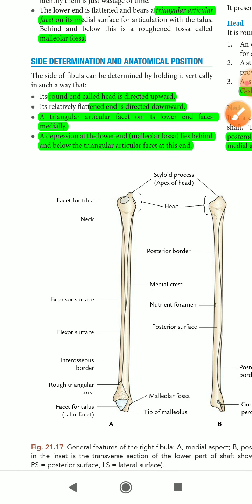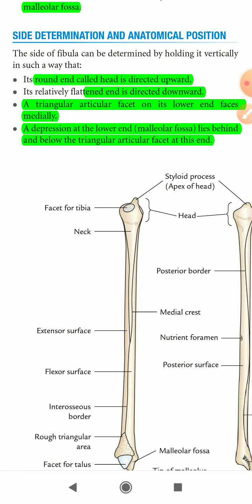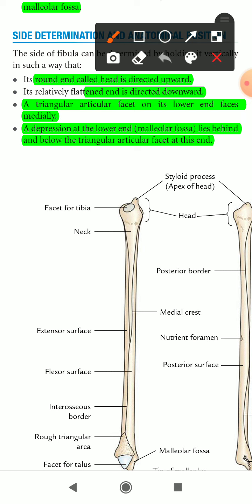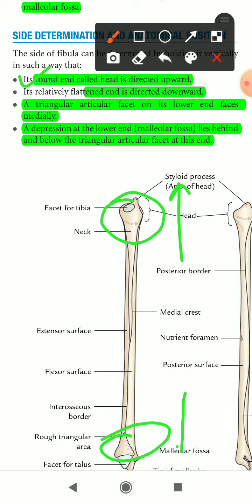fibula. So how to determine the side, I will share in another video, but in short I am telling this. At first, look at that, the upper end is broad but the lower end is narrow. So the rounded broad end is called the head, it will be directed upwards, and the narrower flattened end will be directed downwards.